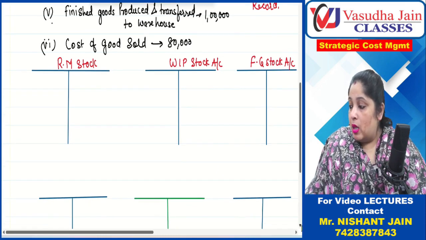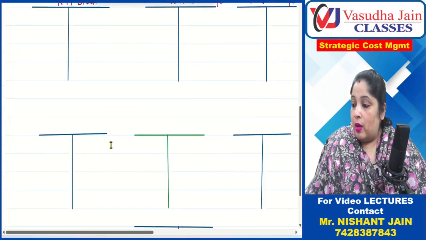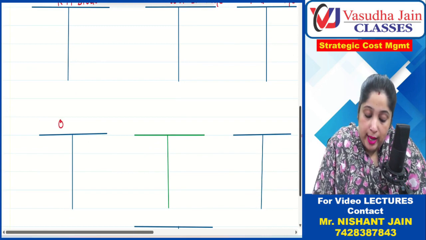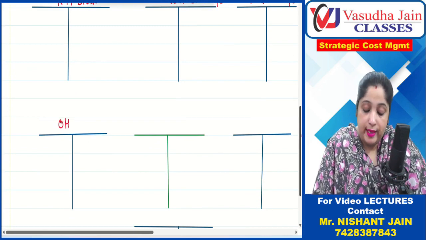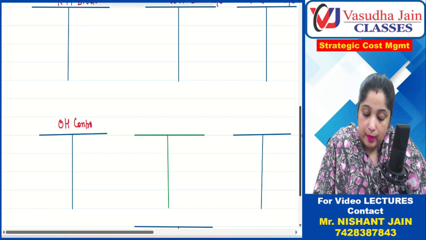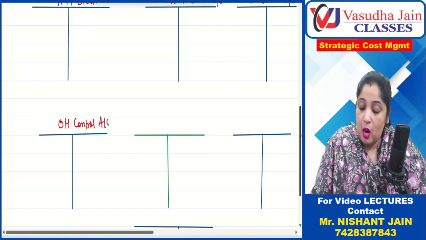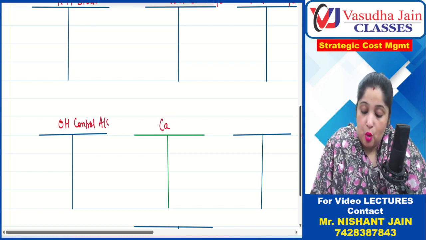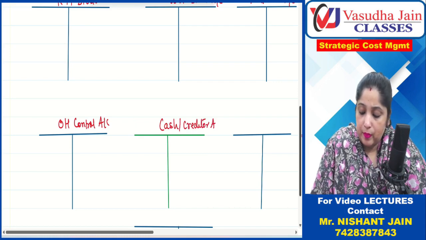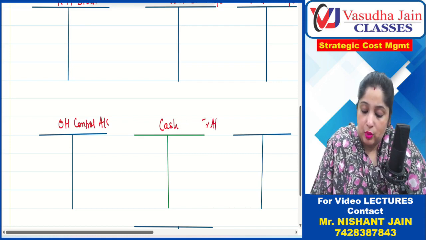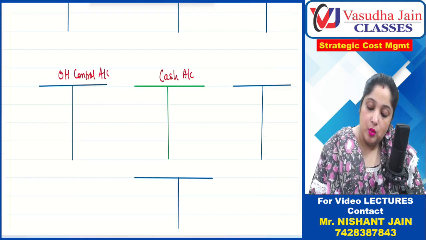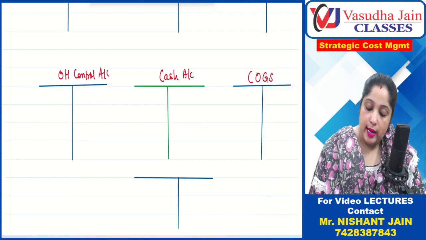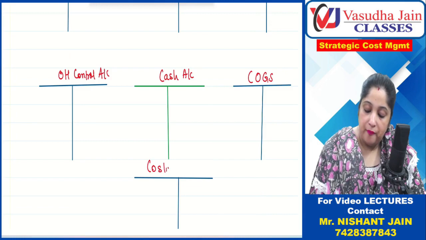Below, here it's going to be my overheads, you can call it overheads control account also. This green account is going to be my cash, or you can call it creditor account for the time being. Or let me write it as cash account only. The next account is cost of goods sold, and last is your costing profit and loss account.